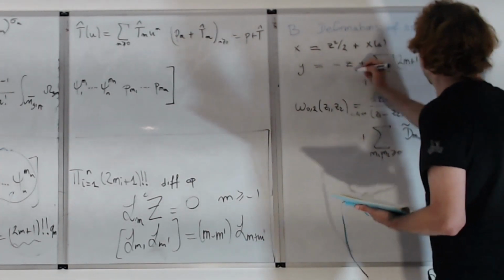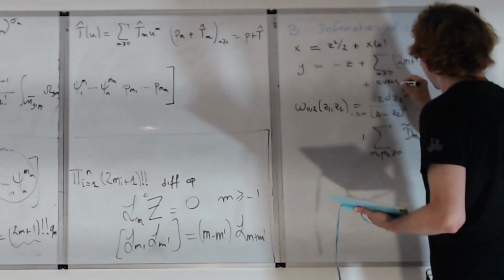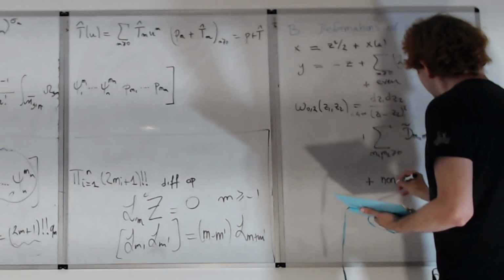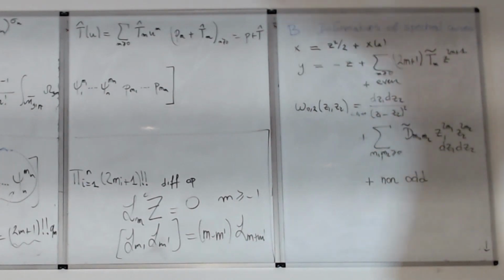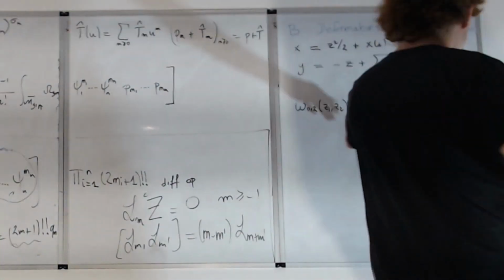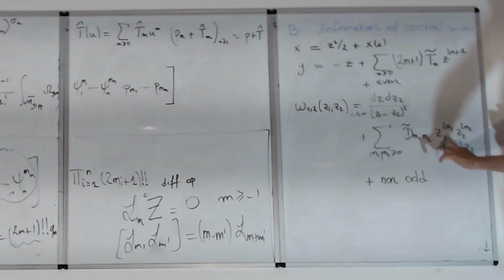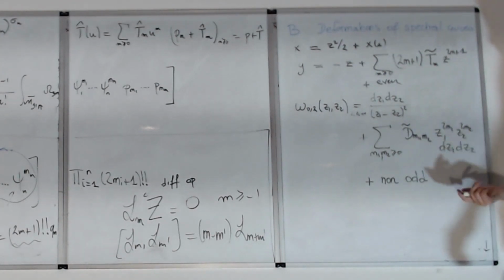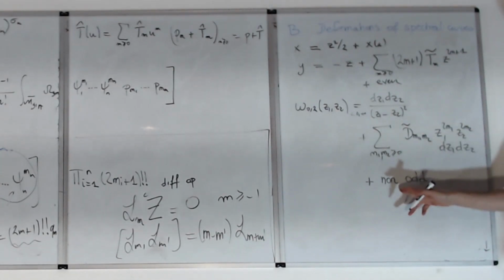So here I had my sum over m, positive, plus even part. And so here I write plus a non-odd part. For omega 0,2, it's a bit the same. What is really important is the part which in each variable is odd. So z^(2m) times dz, this is odd. And then you could have terms where either z1 or z2 has even terms, or both of them are even. That's what I call non-odd.